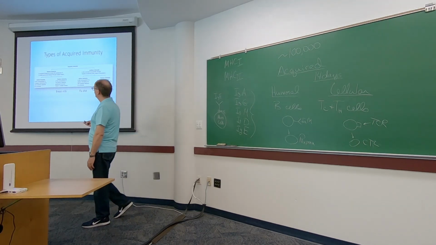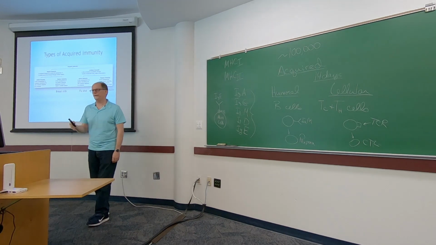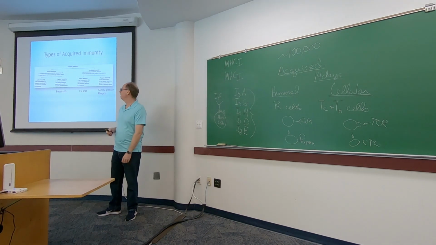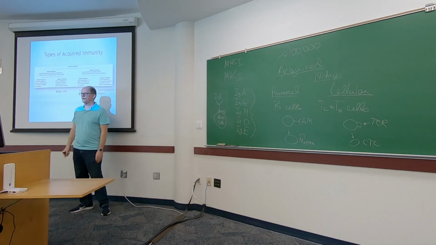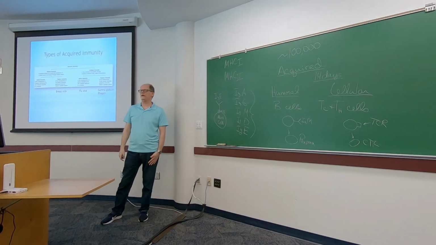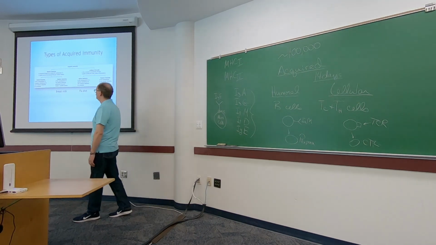So if you get natural active immunity, you caught it from somebody else, and you made antibodies and T cells. If natural passive, say colostrum, breast milk contains IgA, the secretory antibodies that get in you.